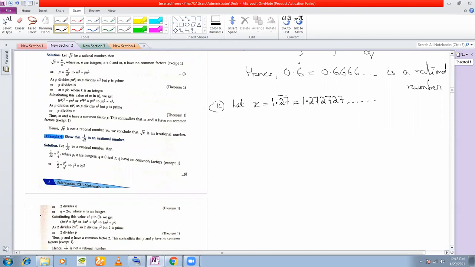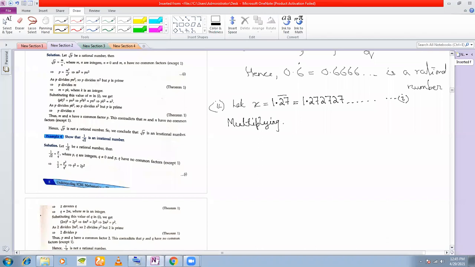Now see that because two digits are recurring, if I call this number 1, I multiply both sides of 1 by 100 because there are two digits recurring. In the earlier example, I told you that because only one digit was recurring, I multiplied by 10.